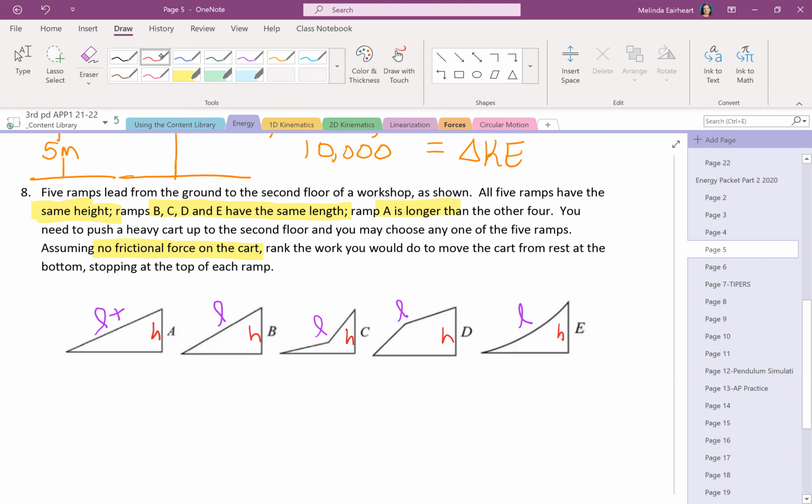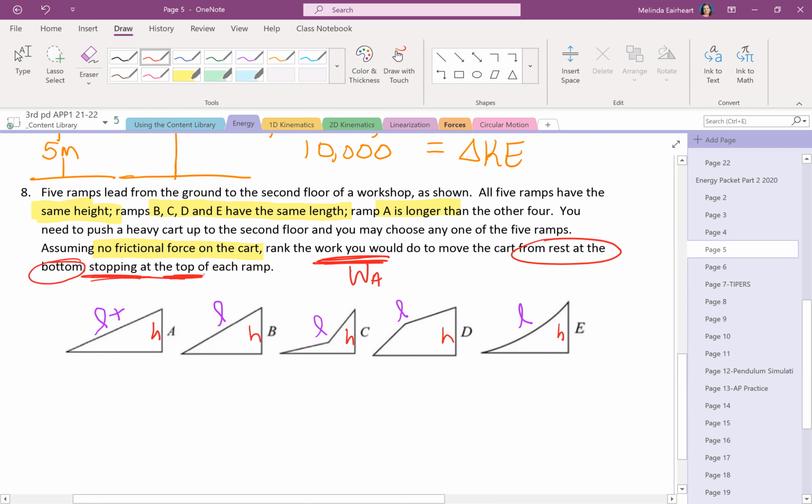Rank the work you would do, so work done by applied, to move the cart from rest at the bottom, but also stopping at the top. And so each one of these ramps starts at 0 meters per second and ends at 0 meters per second. Not that you have to write it on all, but make sure you know that that's true.